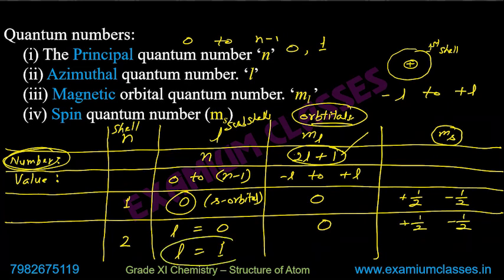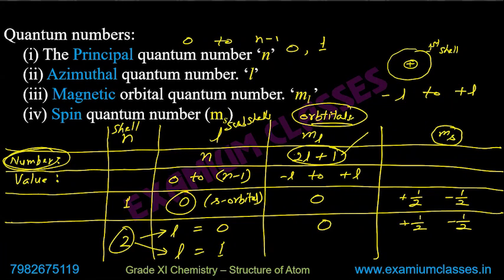Now, once you understand this part, it will be clear. This subshell is also in second shell. Both of these subshells are part of second shell. When we talk about this subshell, it will also have orbitals, but how many orbitals will it have? Who will tell me? How many orbitals will subshell L equals to 1 have? 3.